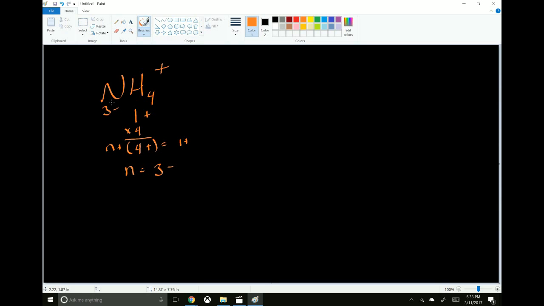Now, you're going to have to remember that this is going to be affected by the subscripts for every member of the compound. So let's look at dichromate, Cr2O7 2-. Oxygen is -2, and there are 7 of them, giving a total of -14. Now, N plus -14 equals -2.